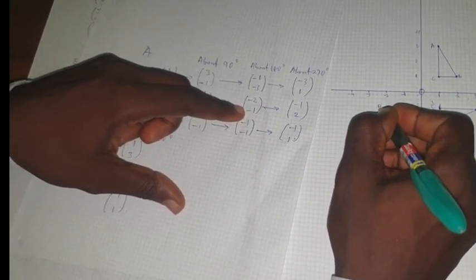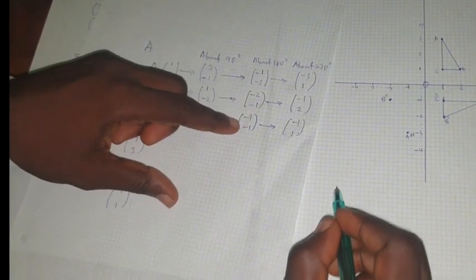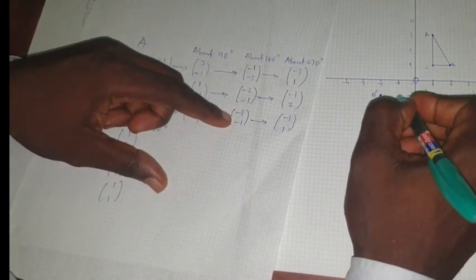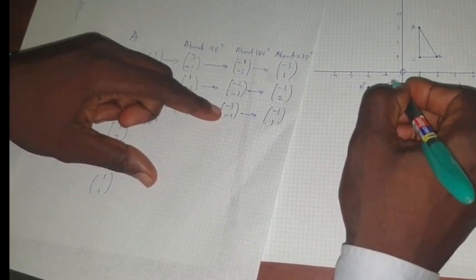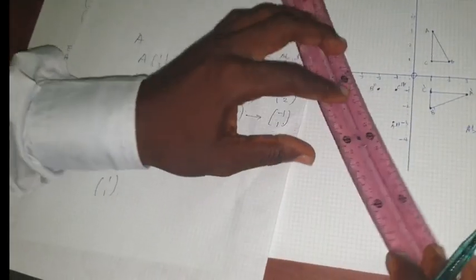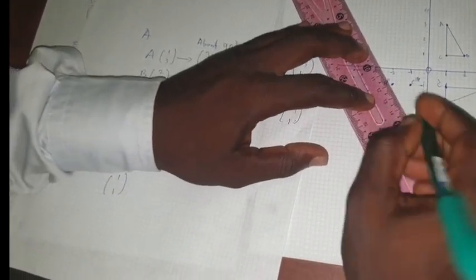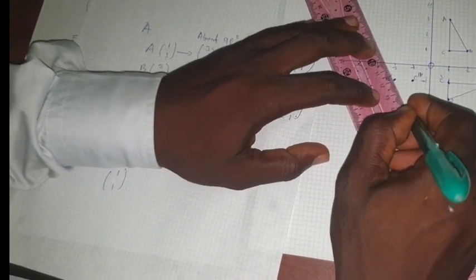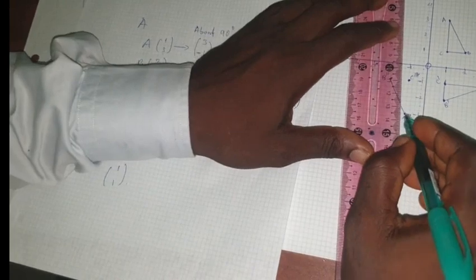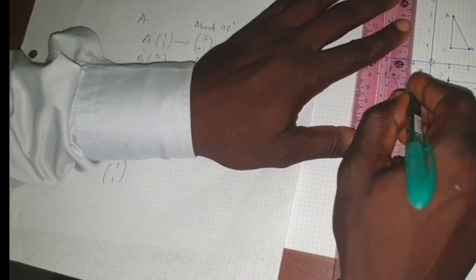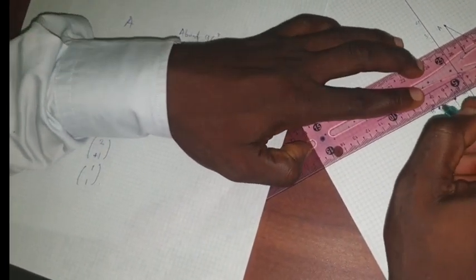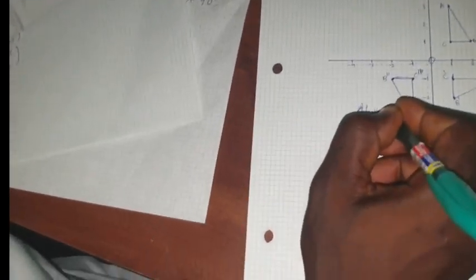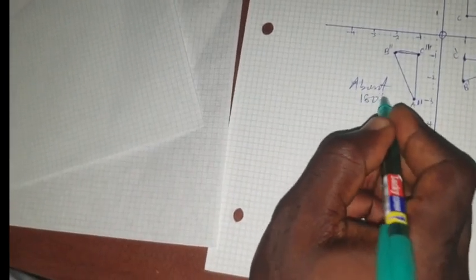Then C prime prime, minus 1, minus 1. So you join the points to have your right angle triangle about 180 degrees. This is the 180 degrees rotation.